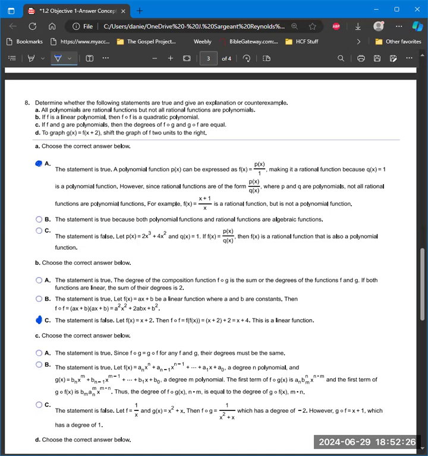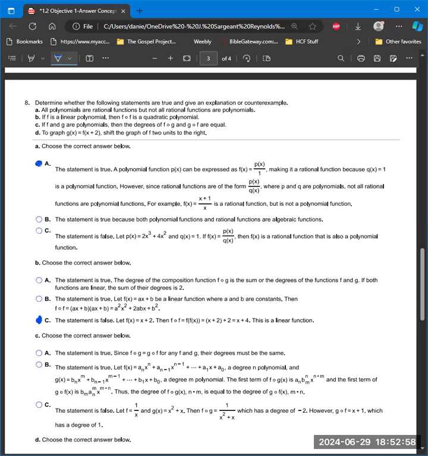The first term of f of g of x is a sub n b sub m to the n, x to the n times m, and the first term of g of f of x is b sub m a sub n to the m, x to the m times n.